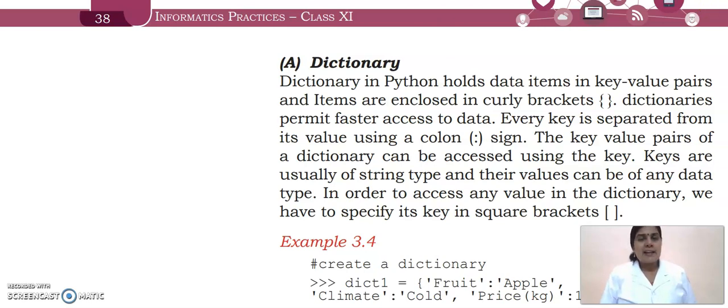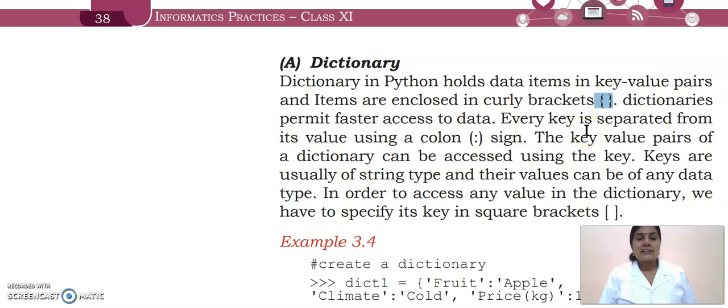For each key there will be a value. So in a dictionary, data is stored as key value pairs, enclosed in curly brackets, which are known as braces. By using curly brackets, we can represent a dictionary.